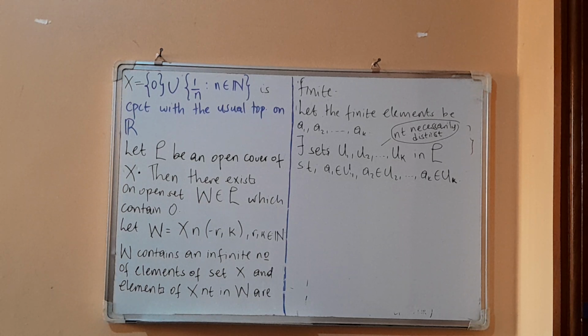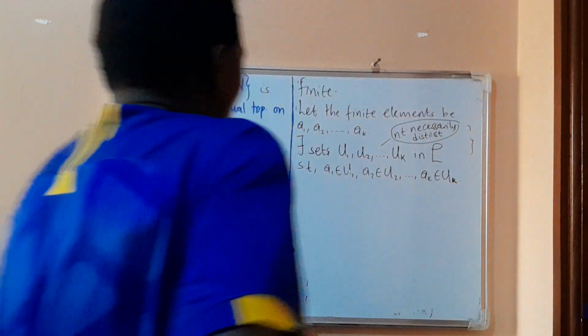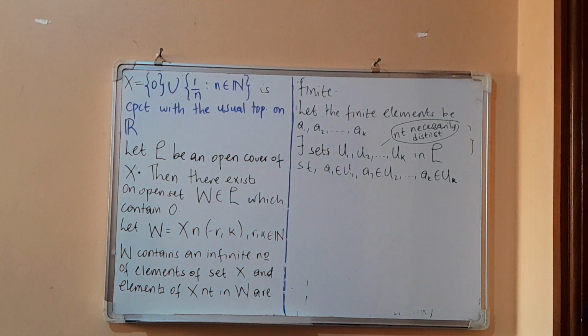So what have I done there? At first we covered the zero, then we realized that the set W contains infinitely many elements of X, and the elements of X not in W are finite. Since they are finite, we can get open sets within this collection which contain those elements.